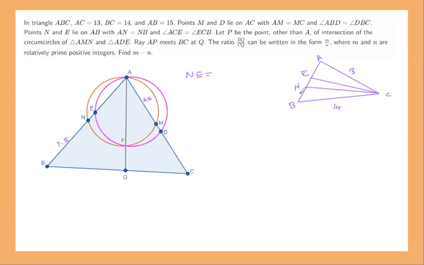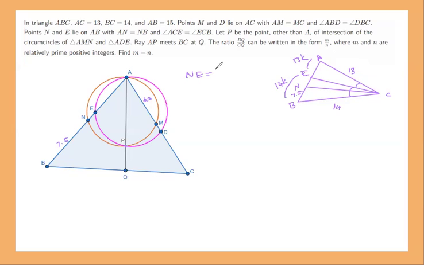So NB was 7.5. I made this a bit smaller so I can see it. We are interested in the ratio. We know that EC is the angle bisector, so this angle and this angle are equal. So the ratio of 13 to 14 is going to be 13K to 14K. So if I know the AE, I can subtract AE from NA to get the NE.